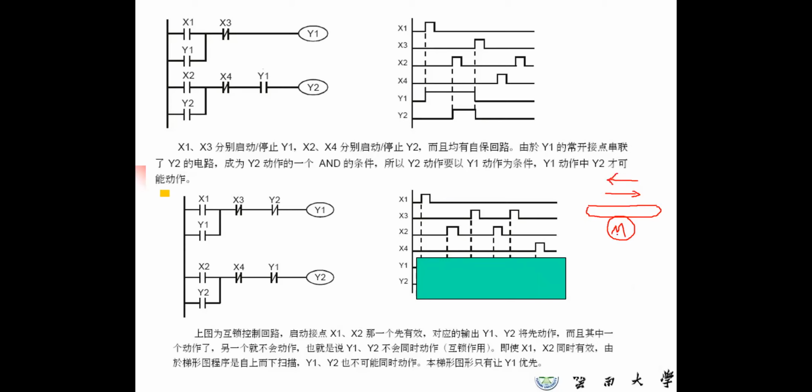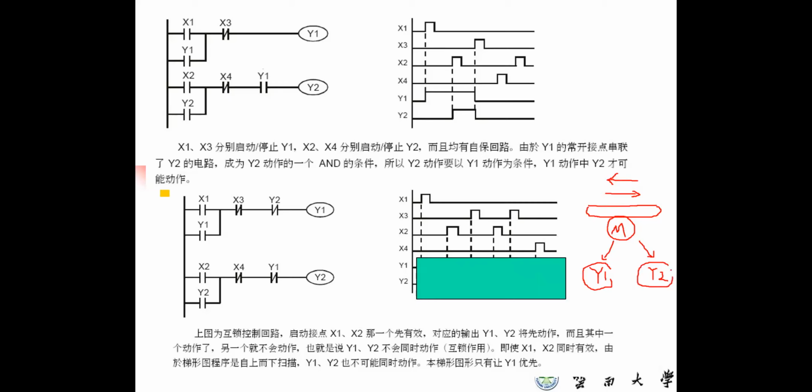The signal Y1 controls the motor from left to right, and the signal Y2 controls the belt from right to left.